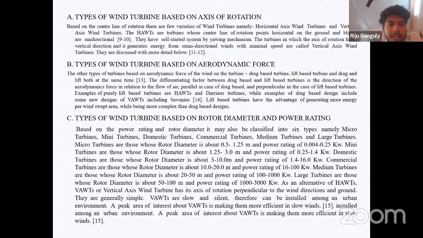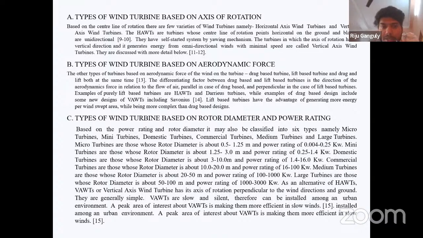Actually, sir, types of wind turbines based on axis of rotation. Based on the center line of rotation, there are a few varieties of wind turbines, namely horizontal axis wind turbine and vertical axis wind turbine.